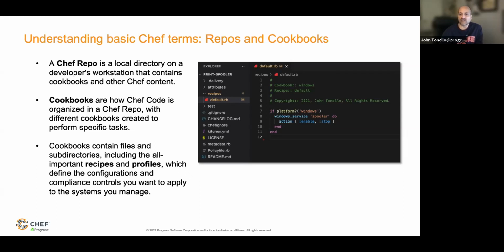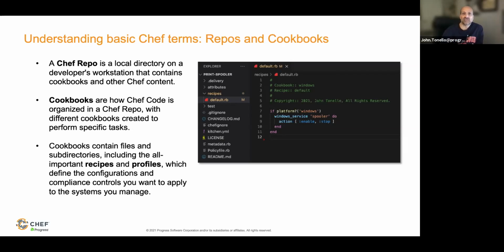And it contains cookbooks, recipes, profiles, basically everything that a team or individual is working on in their environment. It's frequently synced up with something like GitHub or GitLab for source control, which enables a larger policy as code framework for any organization.